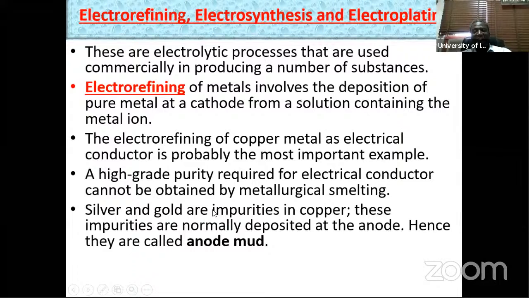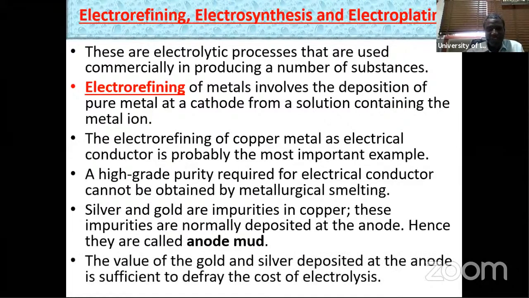So people still go ahead and do it because these are what we actually call the anode mud. So when you spend a lot of money doing the electrorefining, you come up with this, and of course the money you make from the silver and gold you sell will be enough to cover up for the money you have spent for electrorefining.